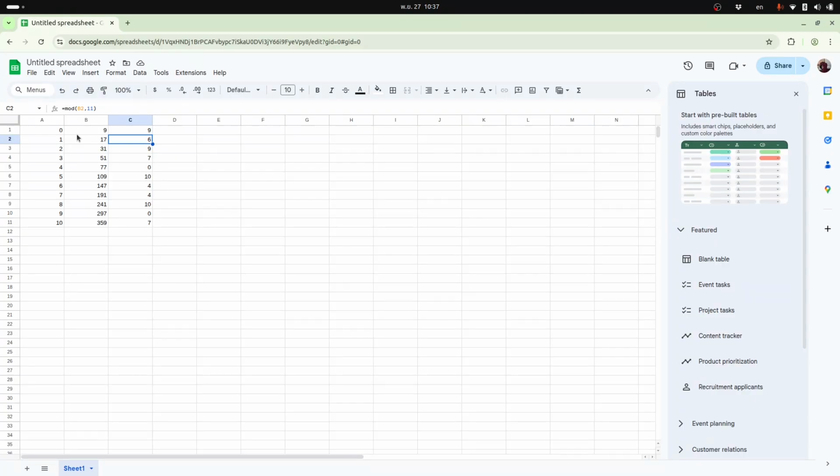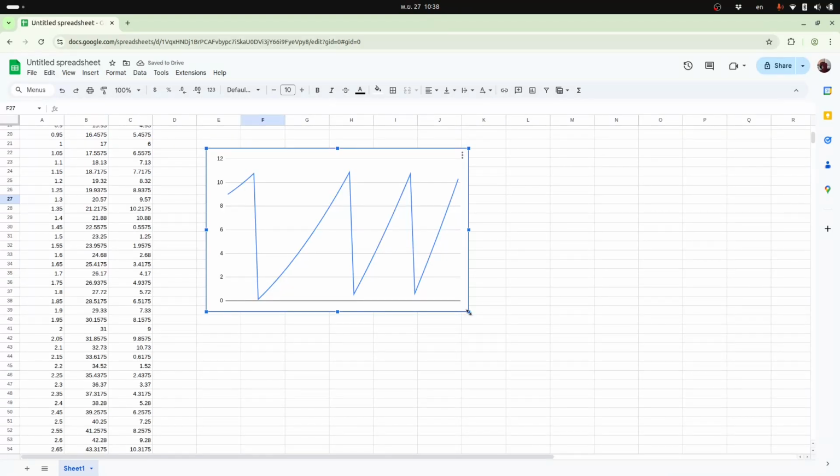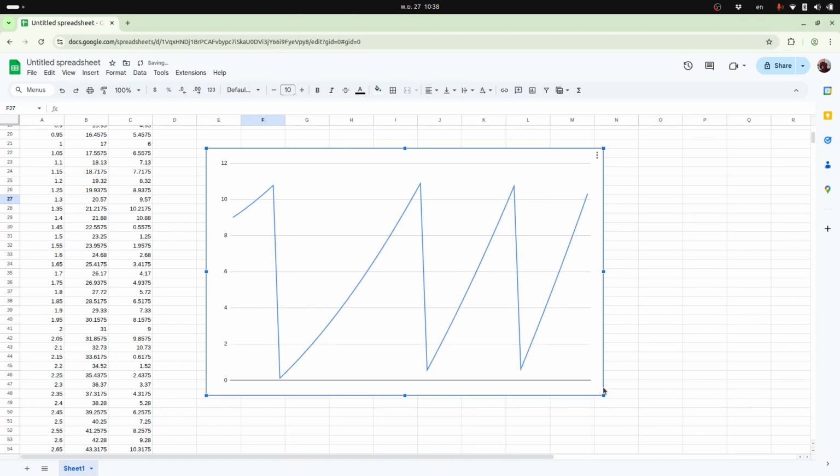But this won't show you the actual function. So let me try to plot it, and let me go slowly from 1 to, let's say, 5. Okay, so you see the actual function.